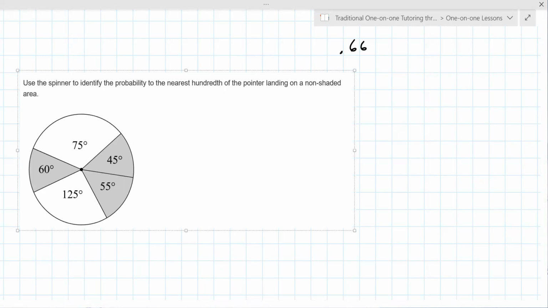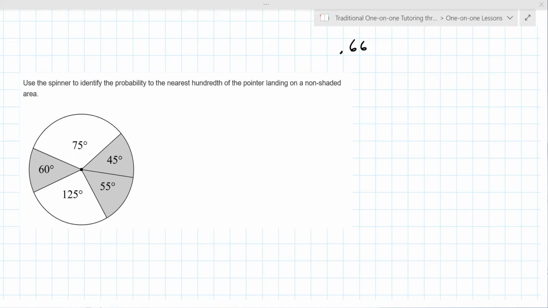So see if you can do this on your own, please. Okay. I get 120.4 as my final answer.